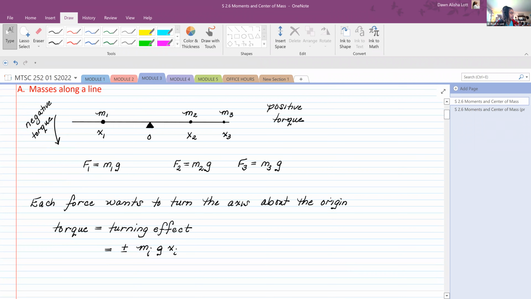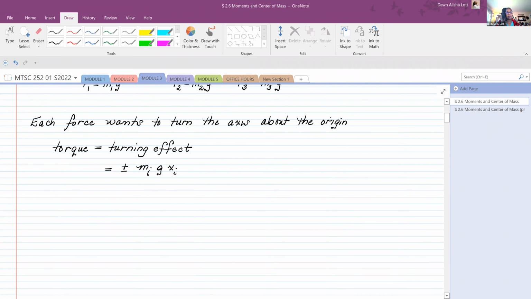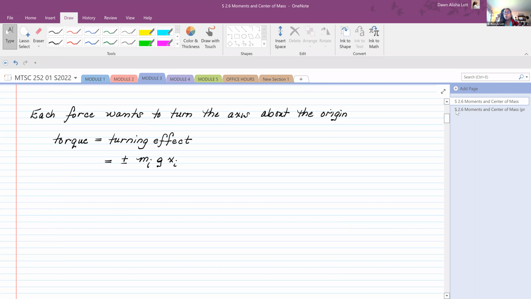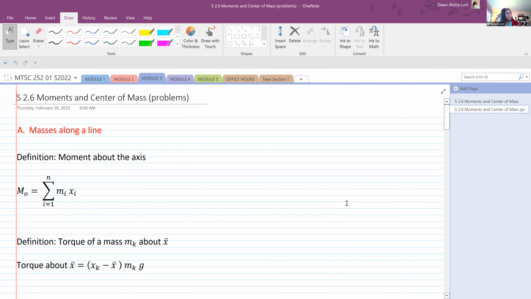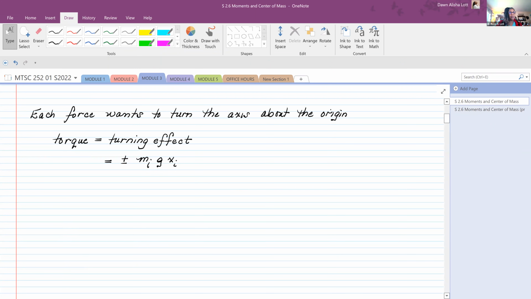Okay, so now I can talk about the system torque. We're going to add all these up.